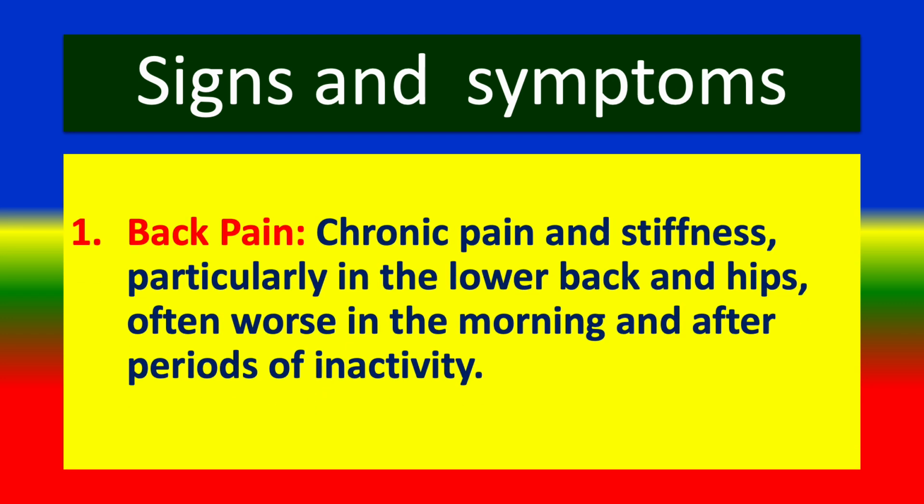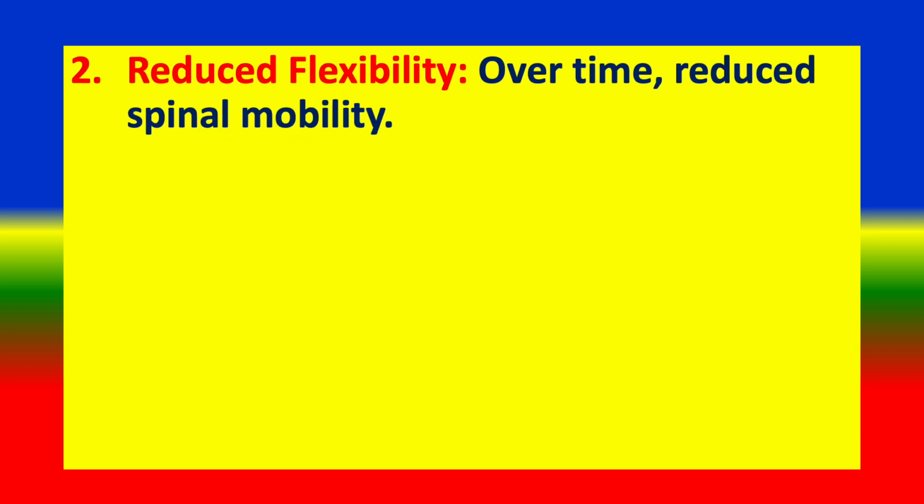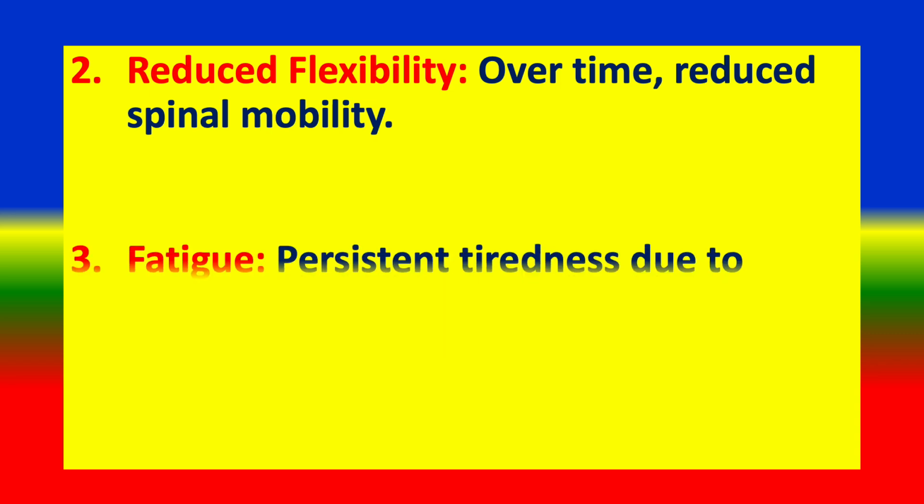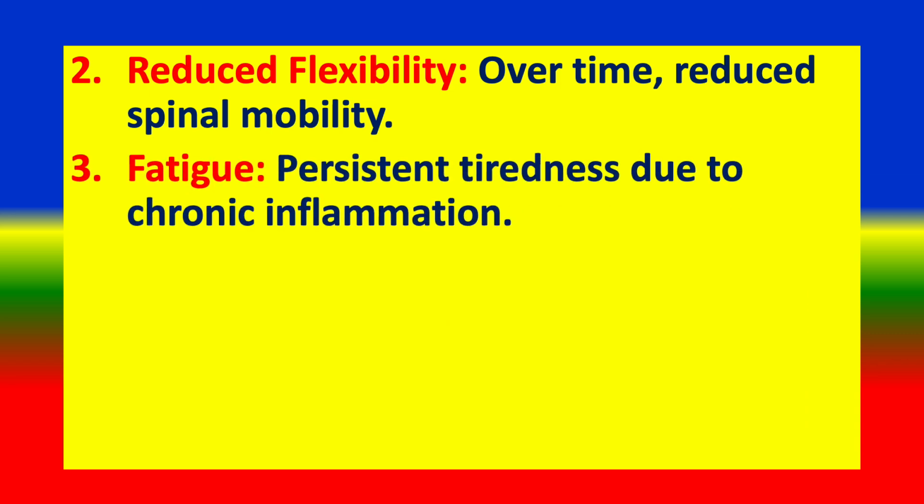Signs and symptoms. 1. Back pain. Chronic pain and stiffness, particularly in the lower back and hips, often worse in the morning and after periods of inactivity. 2. Reduced flexibility. Over time, reduced spinal mobility. 3. Fatigue.